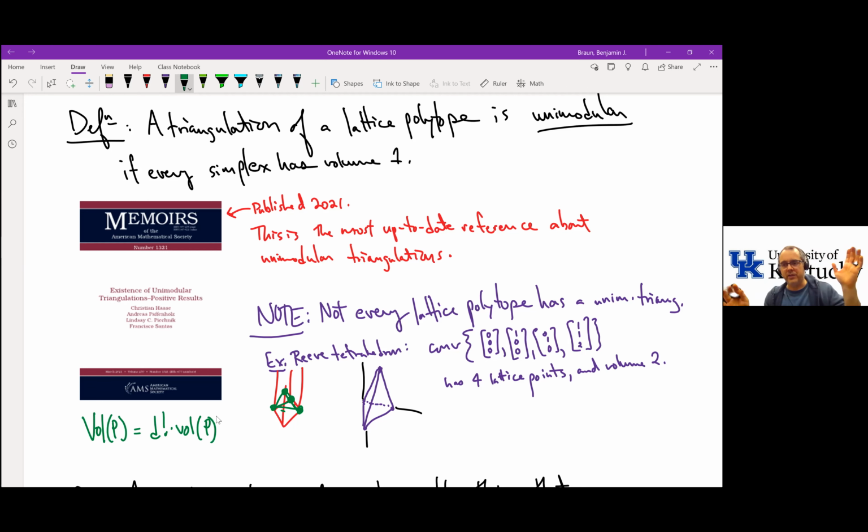That then normalizes what the volume computation is. Okay, good. Thank you.